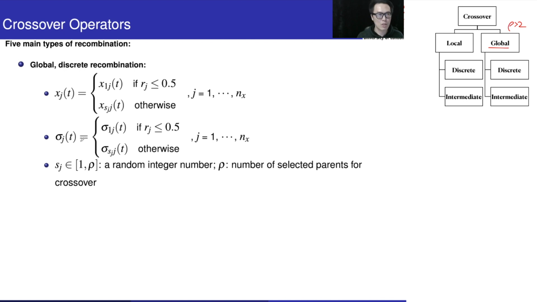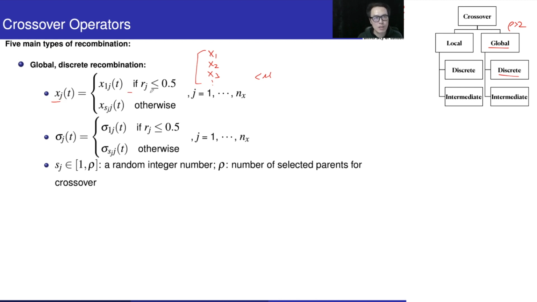This formula looks a little bit complicated, but anyway, we will have parent 1 x1, parent 2, parent 3, up to many parents. The number of parents should be less than mu. So we will have this group of parents to generate one offspring.